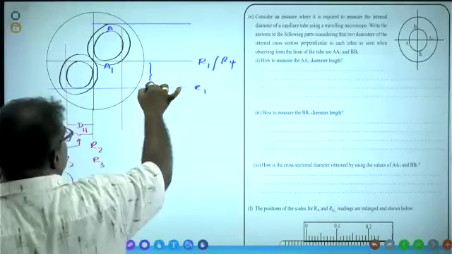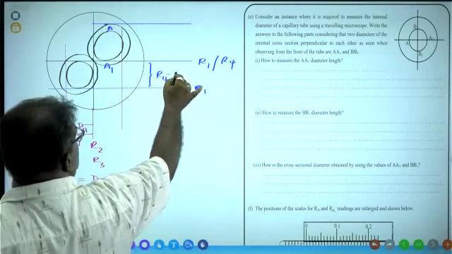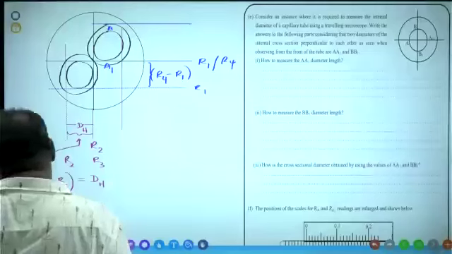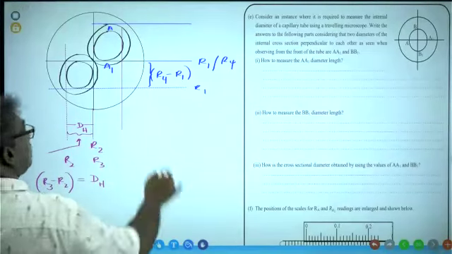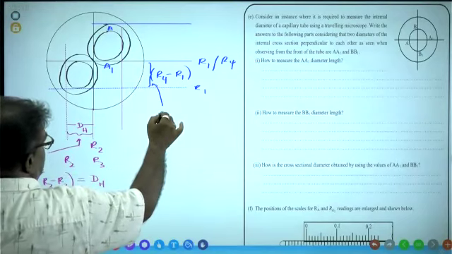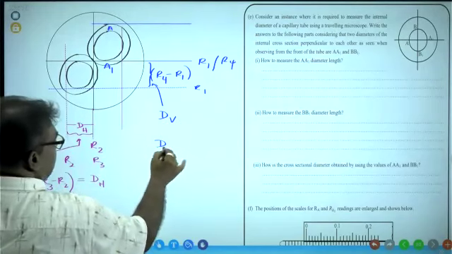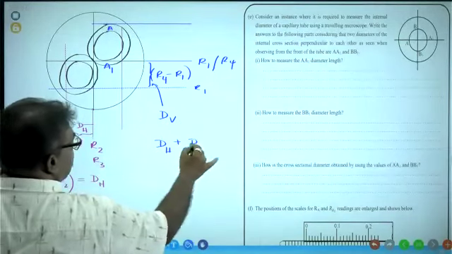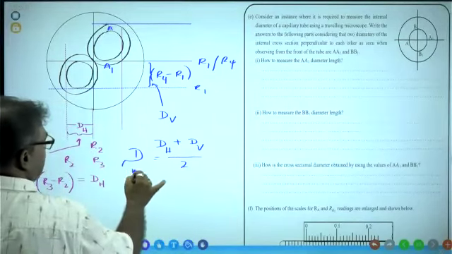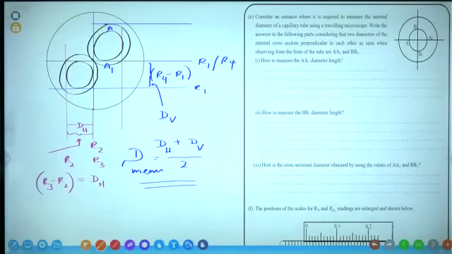Then here we have the vertical diameter, R4 minus R1. That is called the vertical diameter, dV. It's better to say (dH plus dV) divided by 2 is the mean diameter. This is the way of taking the diameter.